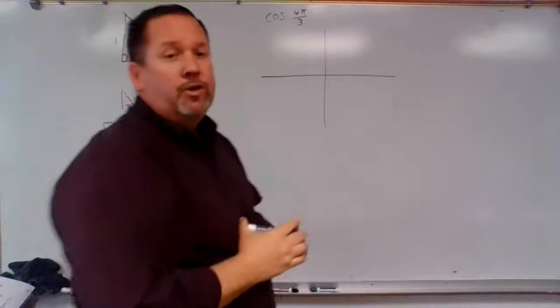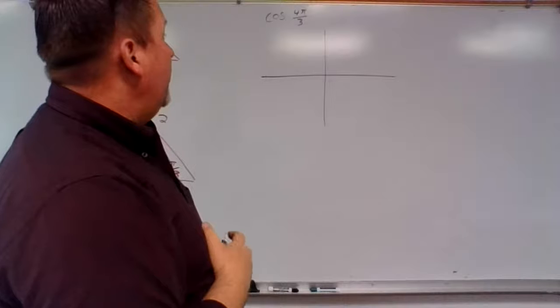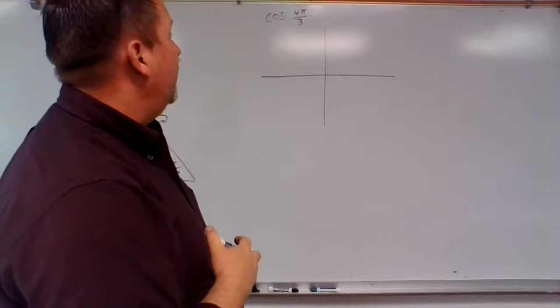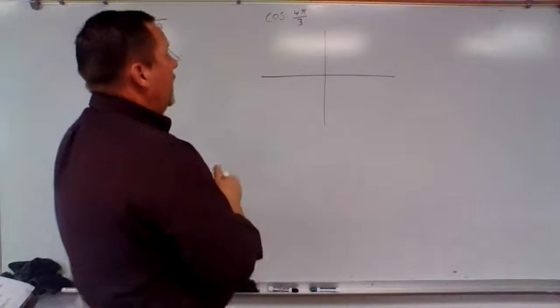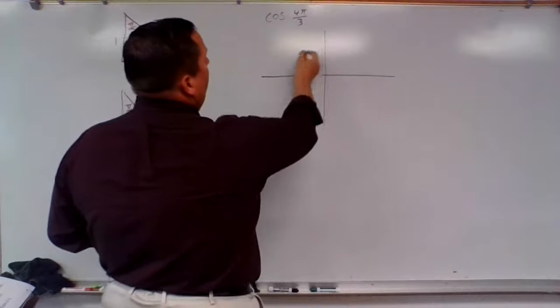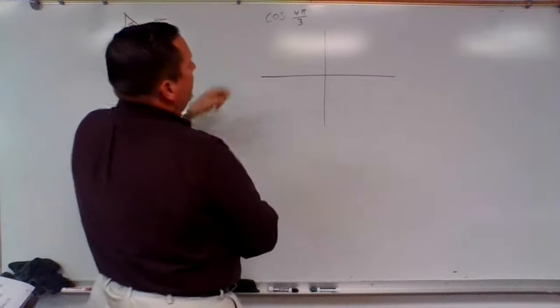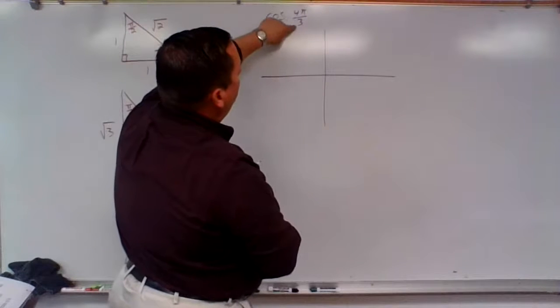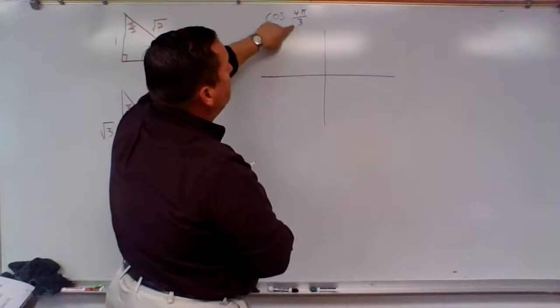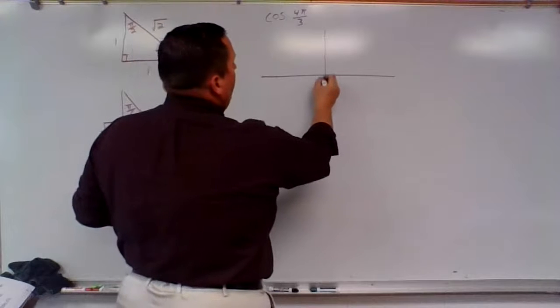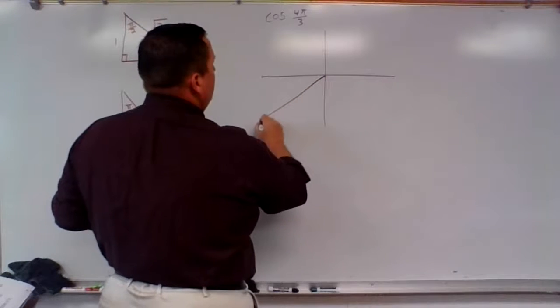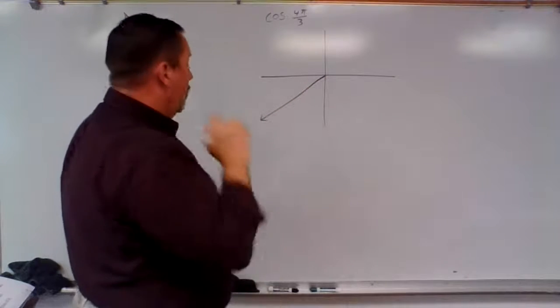Now, maybe part of the trick again is figuring out where is 4 pi over 3. I know that halfway around 180 degrees is pi radians. This is 4/3 pi. It's a little bit more than pi. So I'm guessing my angle is going to terminate over here.